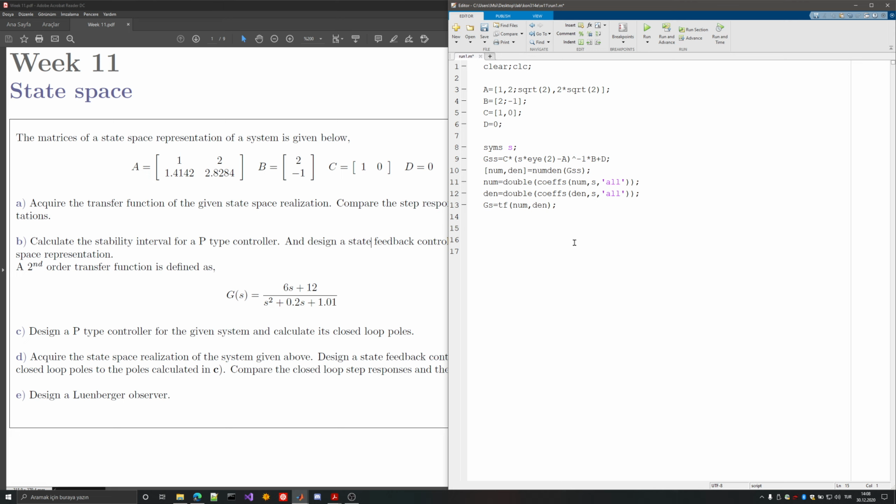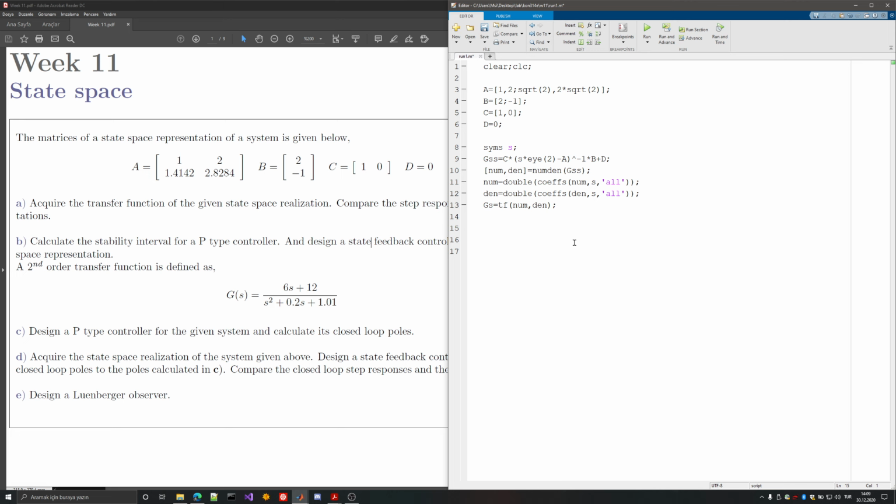Basically, the stability interval here, by the way, is 0 to infinity, and there's no negative controller gain that can stabilize the system, because the pole will be moving on the right hand side of the complex plane.